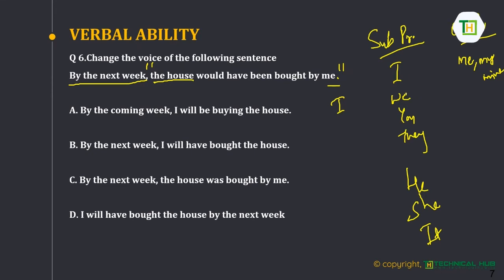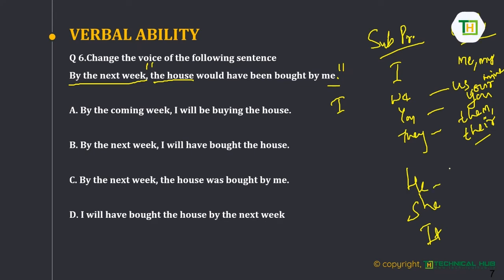So whenever you see we, obviously it comes like us, or sometimes our book or our friend. You means obviously you only, every time. They means they, them, or their. Remember this, their.